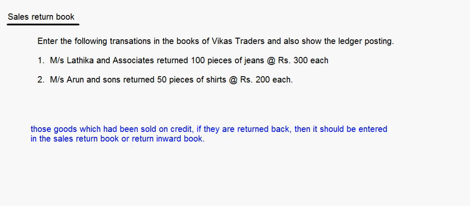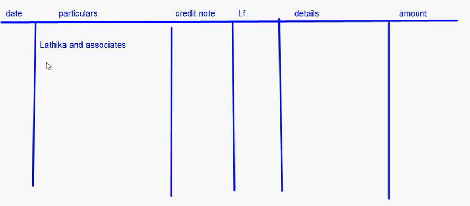Date is not given. 100 pieces of jeans, 300 each. Here you will write 100 jeans of rupees 300 each. So that is 30,000 rupees, that will come here. There's no trade discount as such, so it's only 30,000 here.